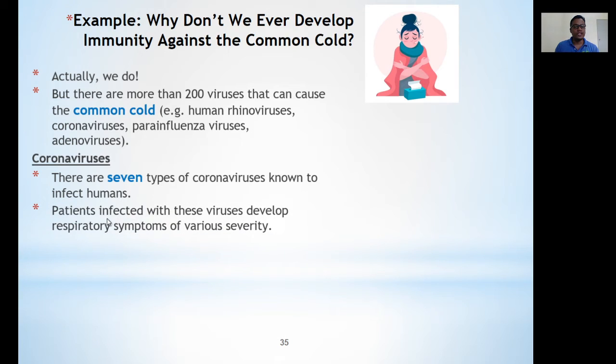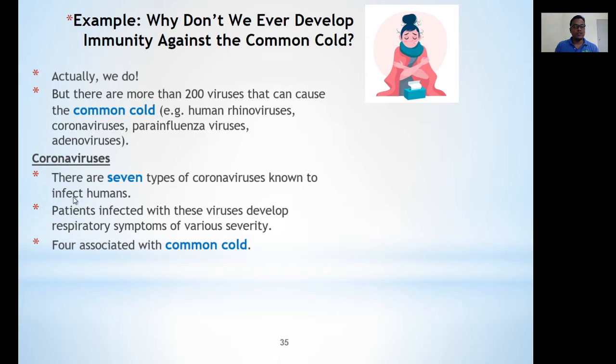The patients infected by these viruses will develop respiratory symptoms of various severity, means either it is like a common cold, normal flu, demam biasa, or can be very severe, hospitalized in the ICU or even death.